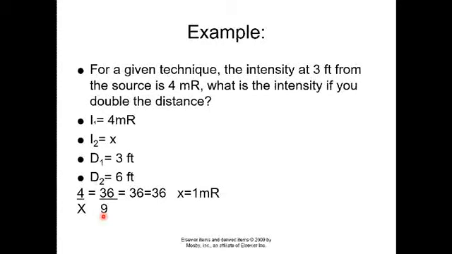If you square 3, you get 9. When you cross multiply, you're going to get 36x equals 36, and all you have to do is solve for x, which is 1 milliroentgen. So the answer to this question is 1 milliroentgen once you cross multiply your original formula.